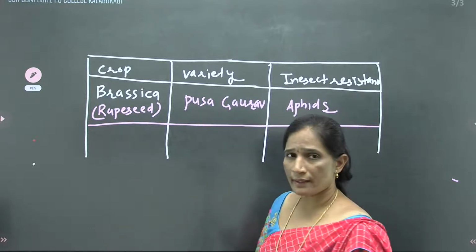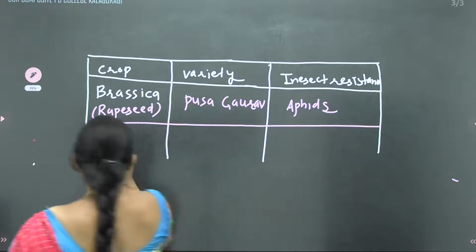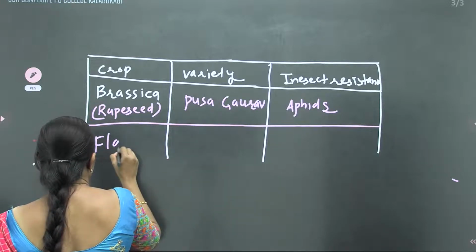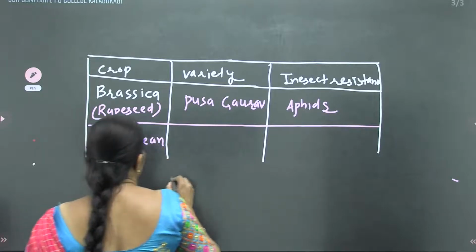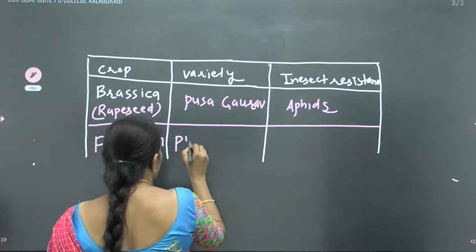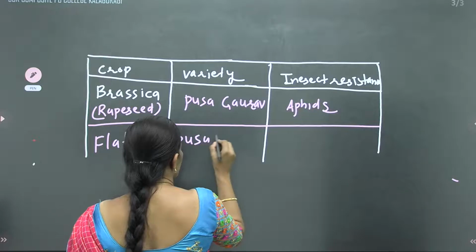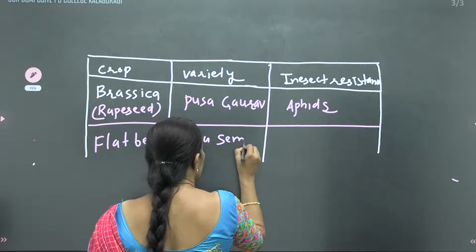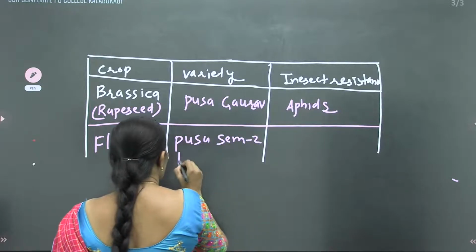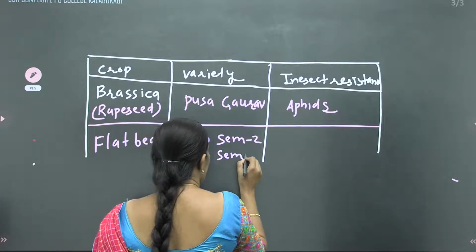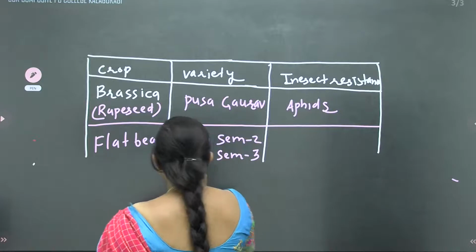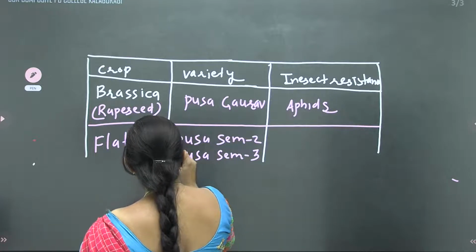Moving to the second example, flat bean. Variety is Pusa Sem 2, Pusa Sem 3.